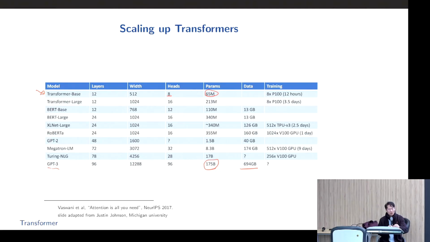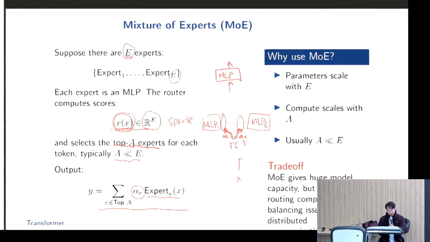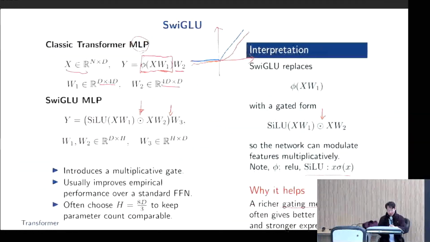They couldn't support this large parameter model and really, really large data. But now GPU clusters can support this, and as long as you pay a lot of money, you can train a really large model with a really large data set, and all of these tricks came in later.